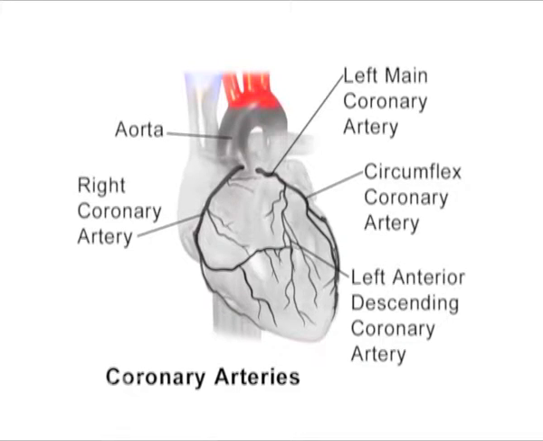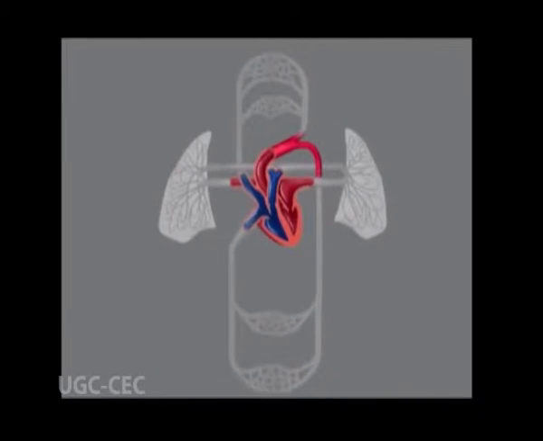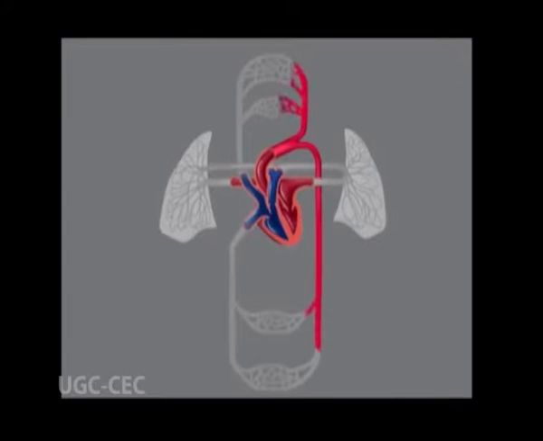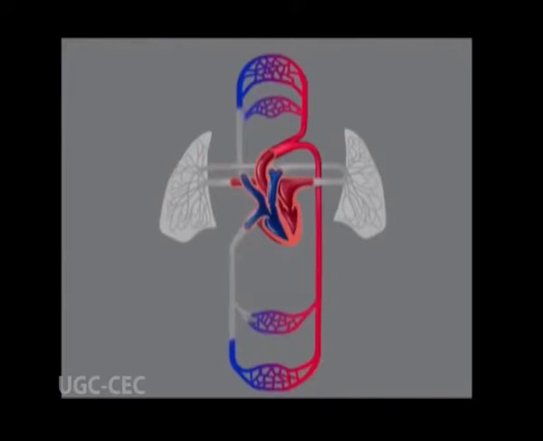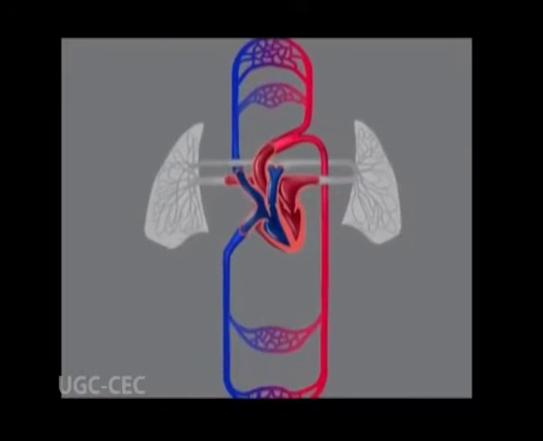The coronary circulation supplies blood to the heart muscles itself and is also part of the systemic circulation. The deoxygenated blood continues through the capillaries, which merge into venules, then veins, and finally the vena cava, which drain into the right atrium of the heart and the process continues.